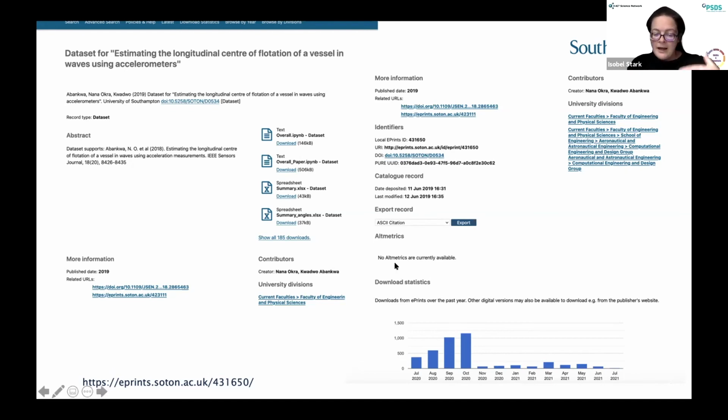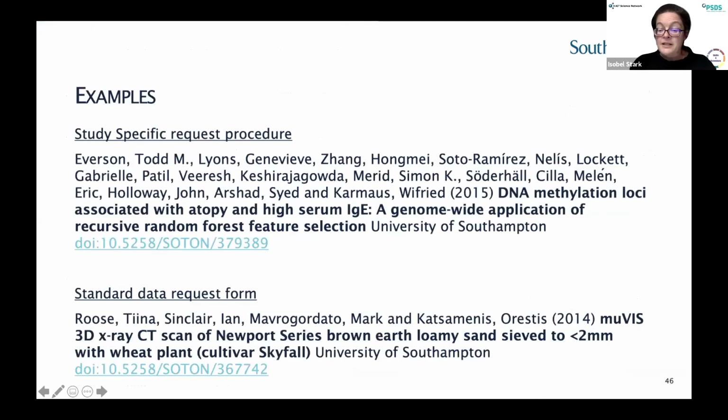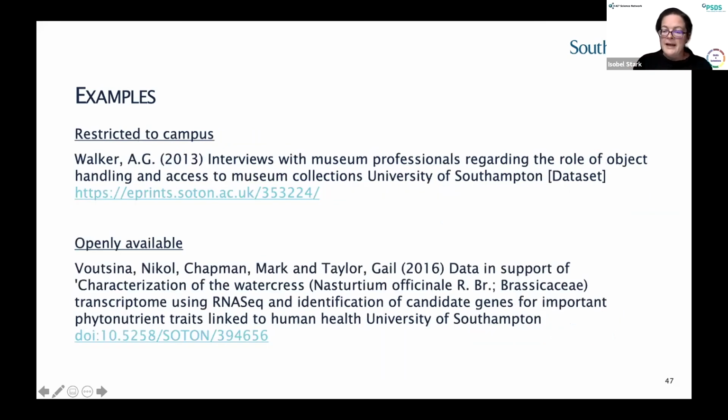And again, meeting the FAIR principles, data doesn't necessarily need to be openly available. It can be on request. It can be restricted to certain users.